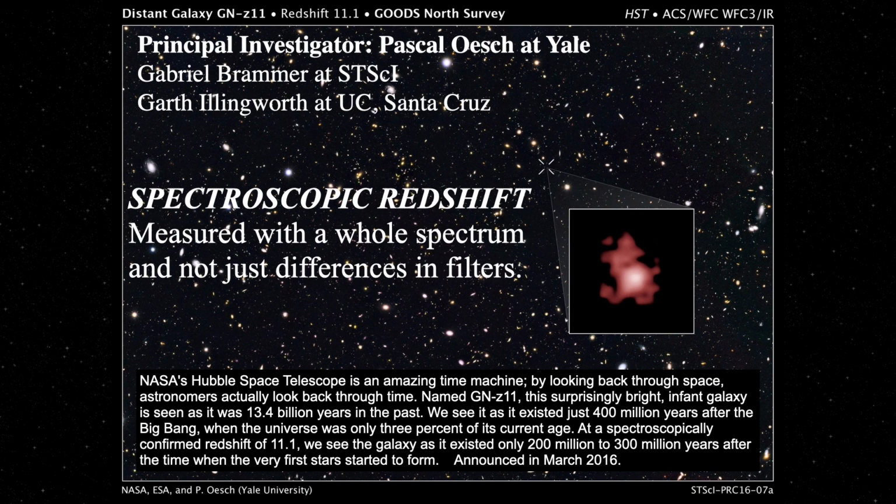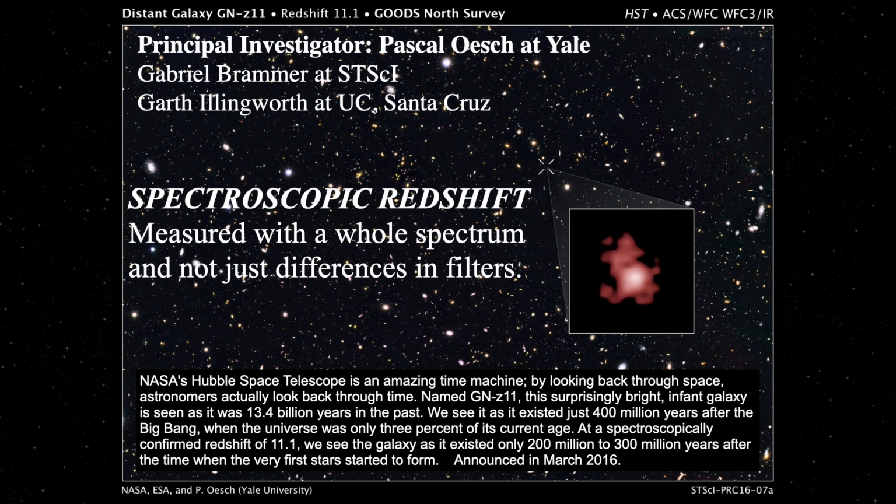And the Hubble Space Telescope, led by Pascal Oesch at Yale, in March of 2016, instead of just doing a photometric redshift, obtained an actual spectroscopic redshift of the most distant galaxy. This is a much more difficult measurement.